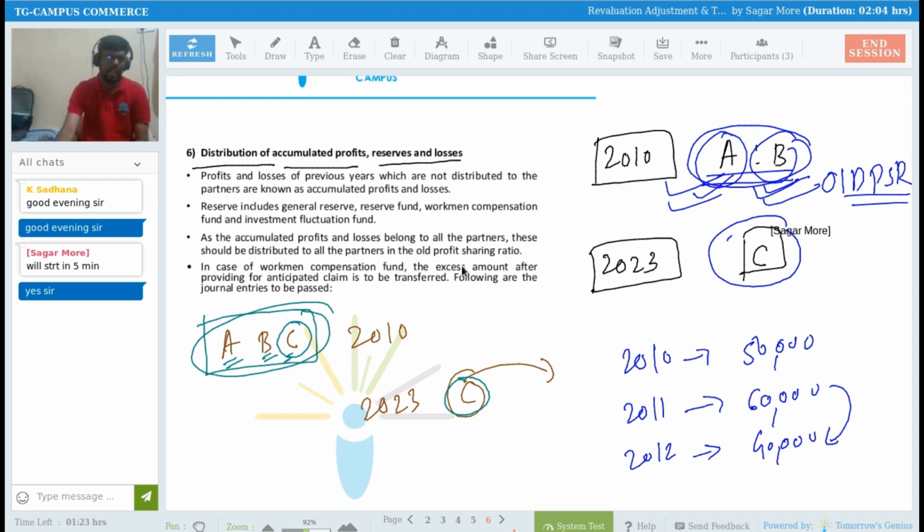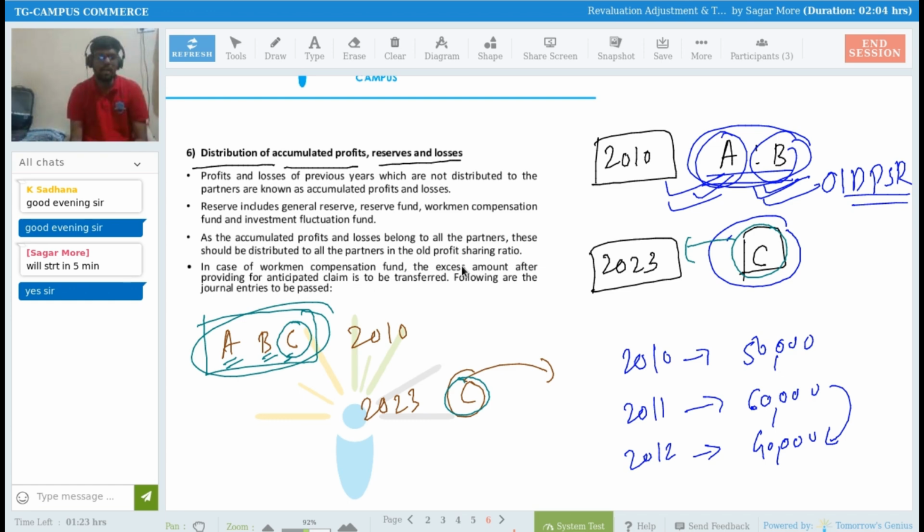But in case of admission, partner C joined the business in 2023. How will he get the accumulated profit before that? It's not possible. But in case of retirement, partner C was there in the business from 2010 to 2023, so he will get the accumulated profit share.